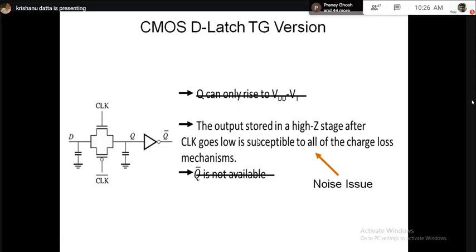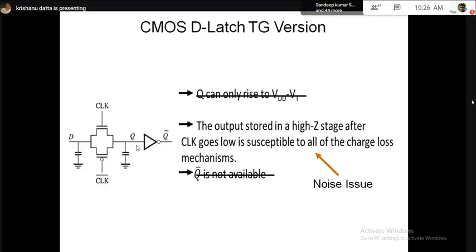The value that we are storing in Q, in this memory element, 1 or 0, right? When the clock is 0, or clock bar is 1, then both NMOS and PMOS are off.